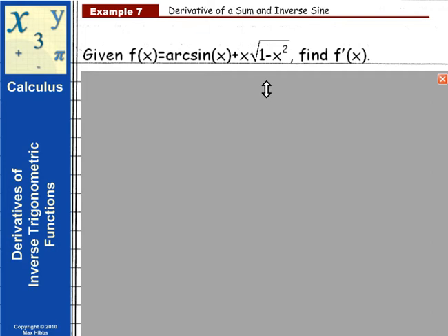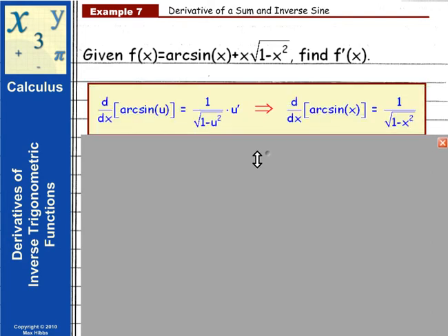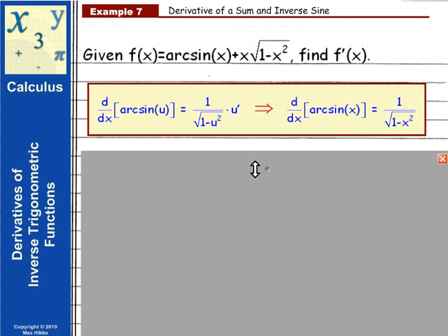Before we get into the middle of this problem, I would like to emphasize something I'm afraid that I haven't made enough of a deal out of so far. When we found the derivative of the inverse trig functions, for instance inverse sine or arcsine as it's known as well, we actually found the derivative in terms of the chain rule.